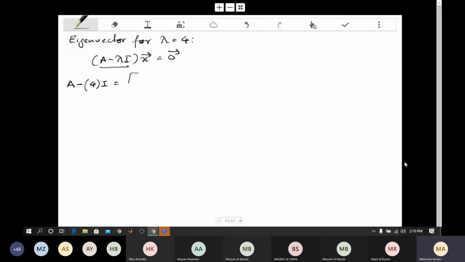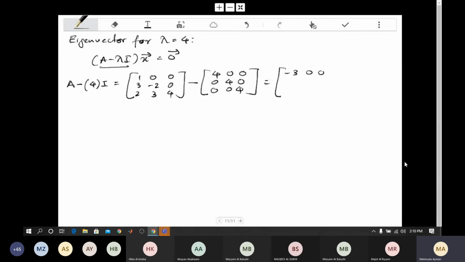So we have A is 1, 3, 2, 0, minus 2, 3, and 0, 0, 4 minus 4 times the identity matrix, which is 4, 0, 0, 0, 4, 0, and 0, 0, 4, is equal to minus 3, 0, 0, and 3, minus 6, 0, 2, 3, 0.